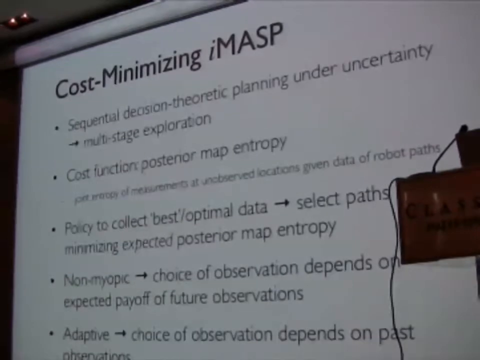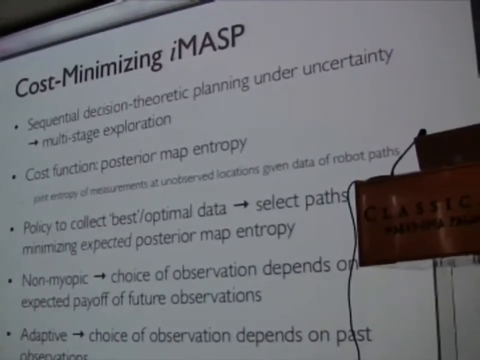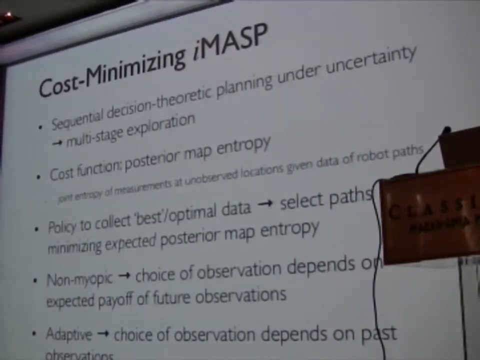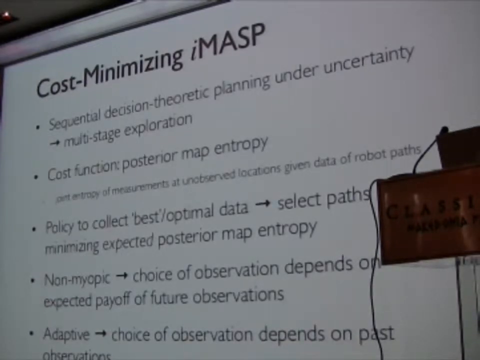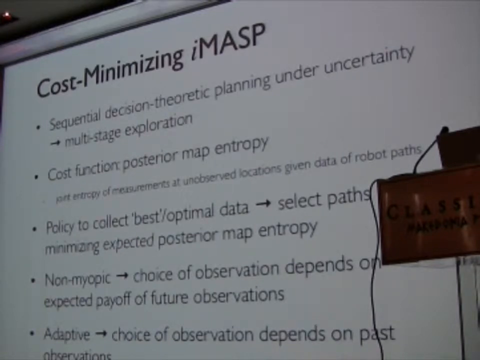It's a sequential decision-theoretic planning under uncertainty framework. Since it's sequential, it becomes a multi-stage exploration process. The cost function that I'm looking at is the posterior map entropy, which I define as the joint entropy of the measurements at unobserved locations given the observed data of the robot paths.